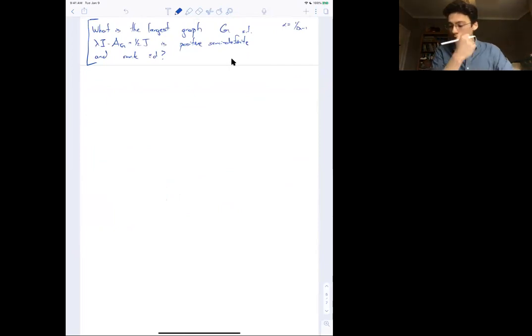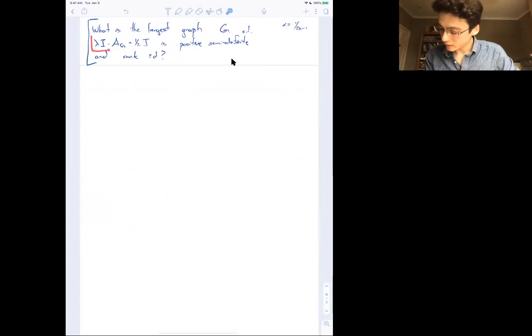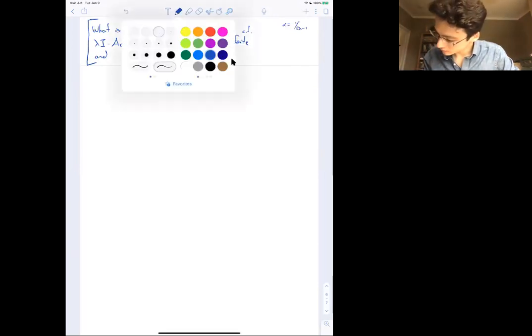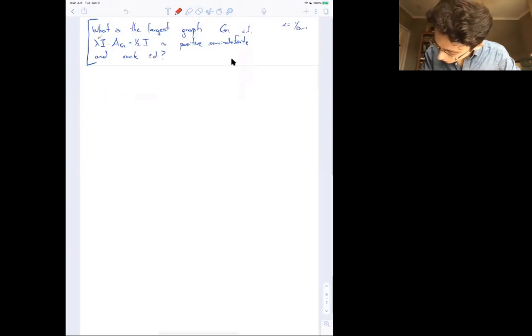Okay, so let me give an example. Let's think about this for a second. Lambda I is a full rank matrix, and J is a rank 1 matrix.